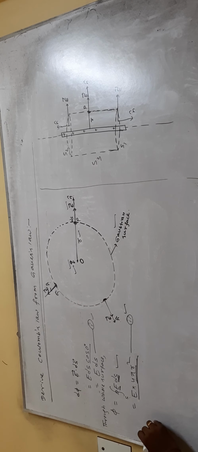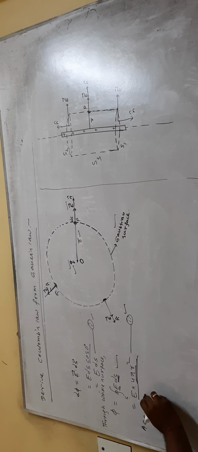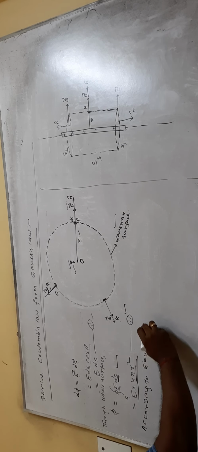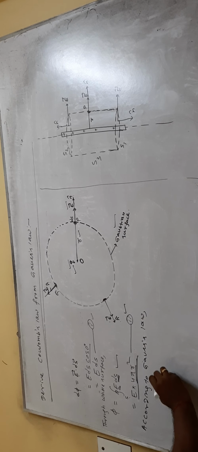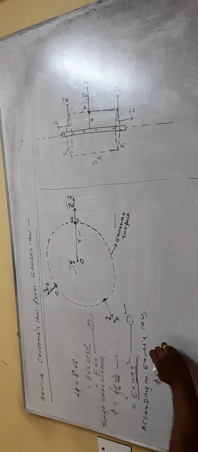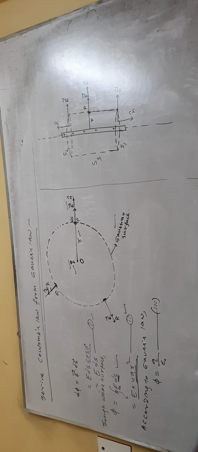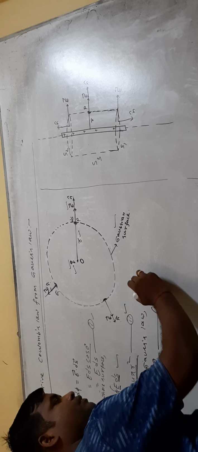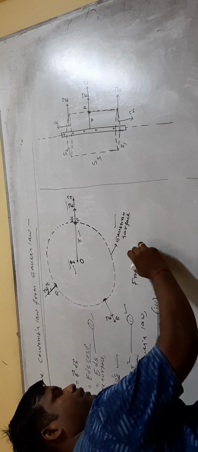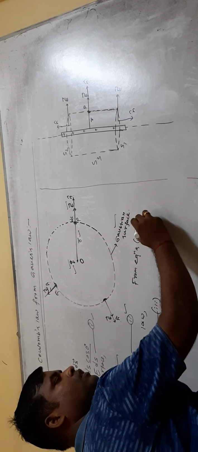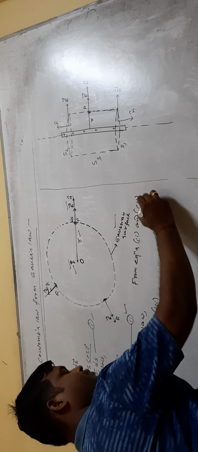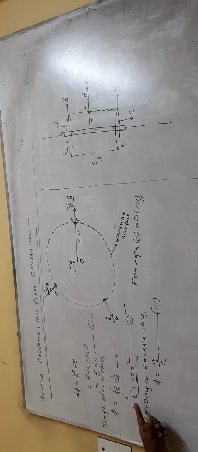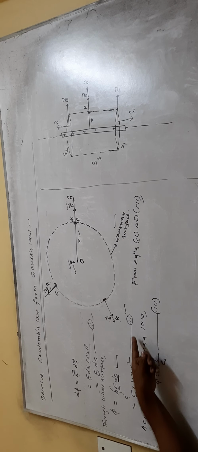What is Gauss law? You know, according to Gauss law, phi is equal to q by epsilon 0. So now you compare equation 2 and equation 3. From equations 2 and 3, in the LHS you have phi, that is equal to E into 4 pi r square in equation 2.